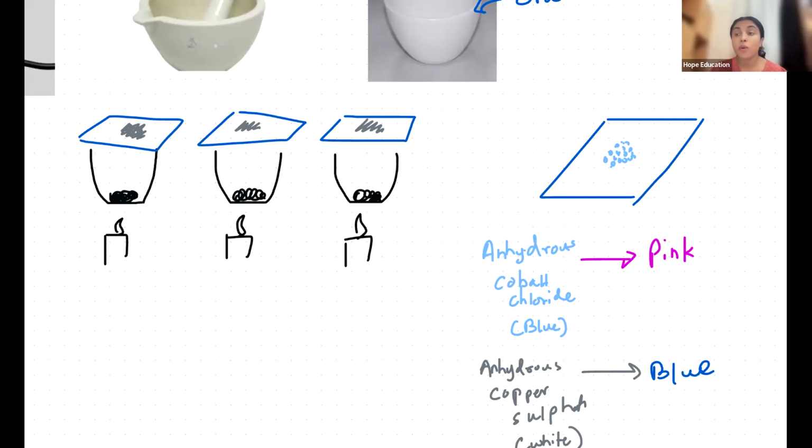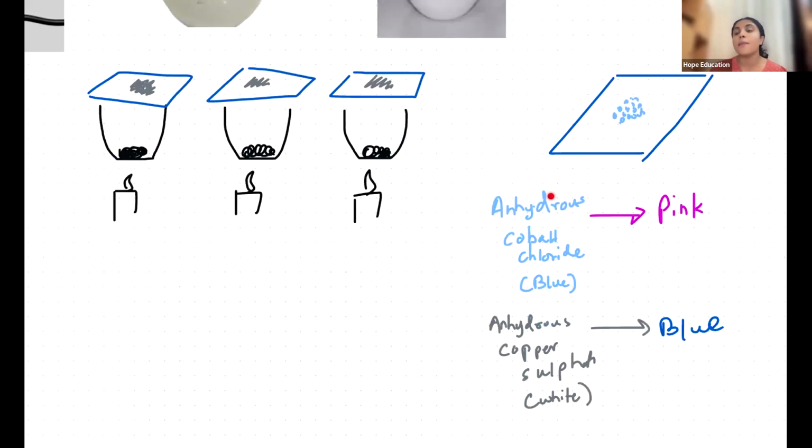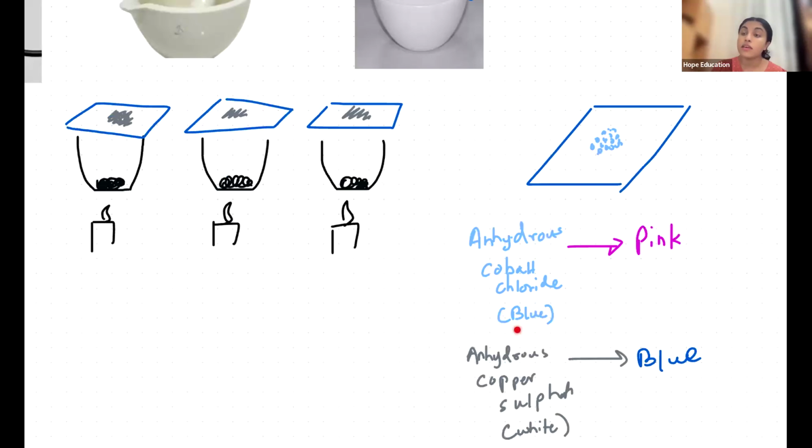Or if you don't have anhydrous cobalt chloride, there is another powder in the lab called anhydrous copper sulfate. That is a white color powder. You can add that. If it turns blue color, again we can say that it is water, because anhydrous copper sulfate doesn't turn blue with other liquids, only when water is present.